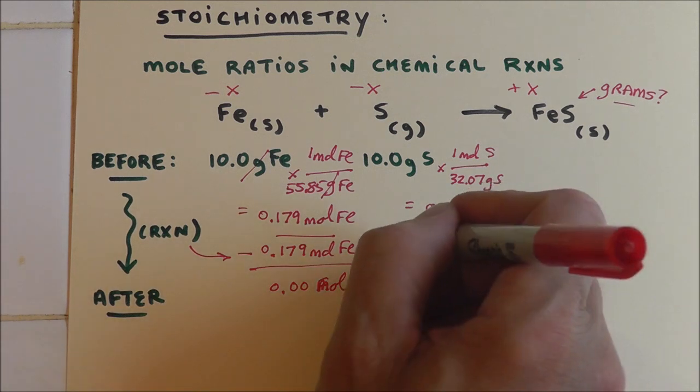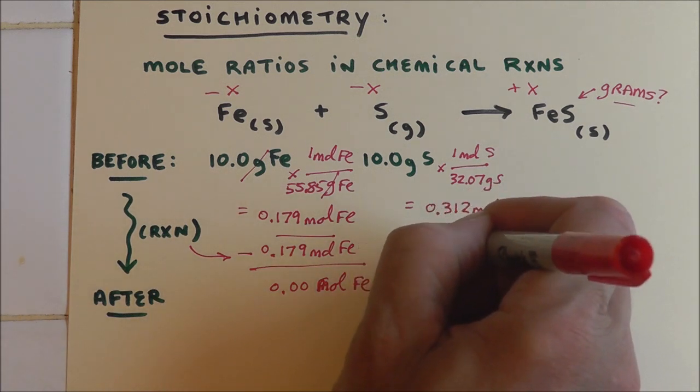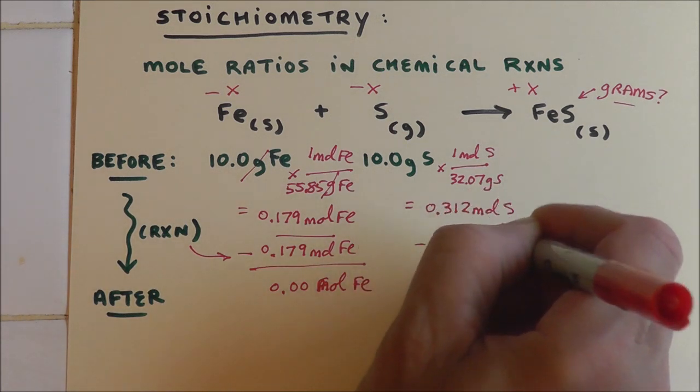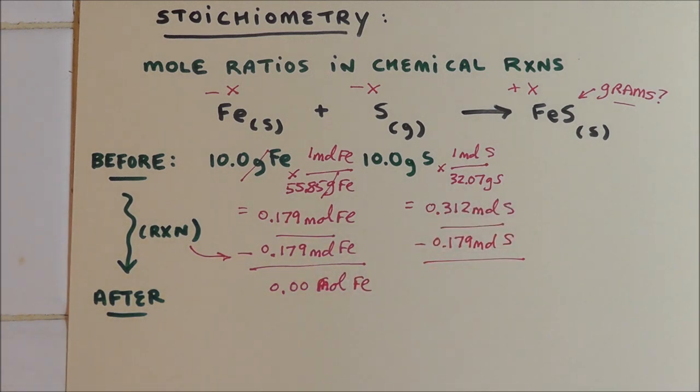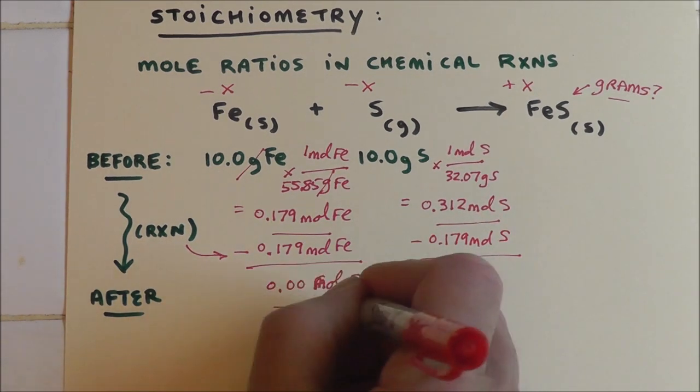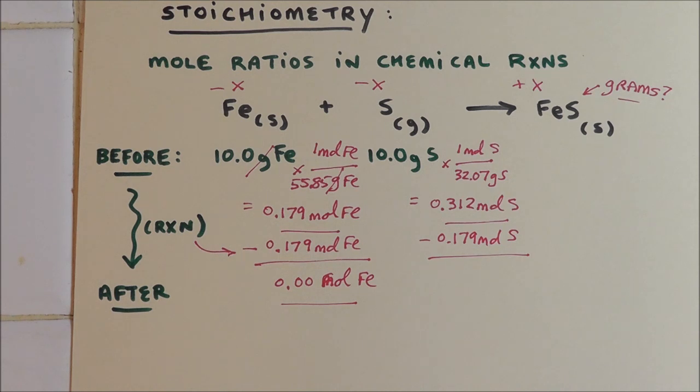With it, it will take along 0.179 moles of sulfur. And so this will run out and go to 0, and we have a name for that that I'll get to in just a second.